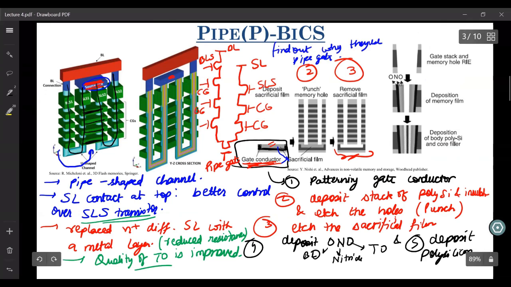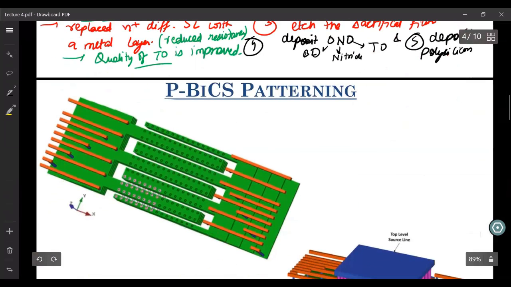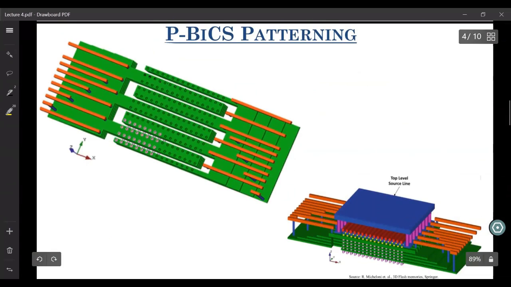So here you see the control gate is not like a plate which is going through all the pillars, but it is only going through two pillars at a time. Here you can see these holes correspond to each pillar. So you have one control gate which is going only to two pillars. Let me write that.